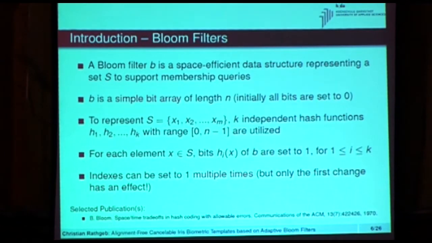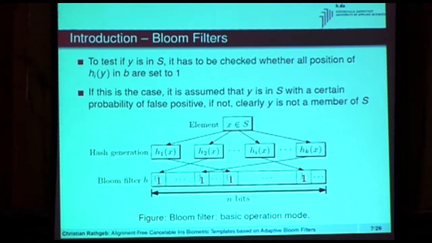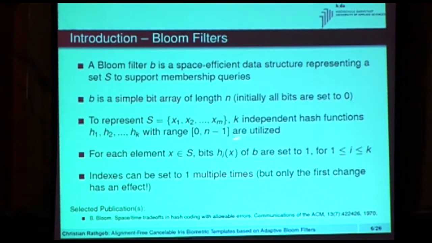To start with the basics, a Bloom filter B is a simple bit array of length n, where initially all bits are set to 0. In order to represent a set S, which consists of m different feature elements, k independent hash functions are applied to each feature element and bits at according indexes are set to 1.